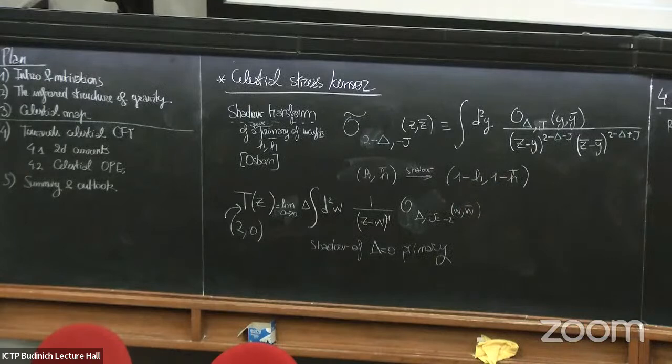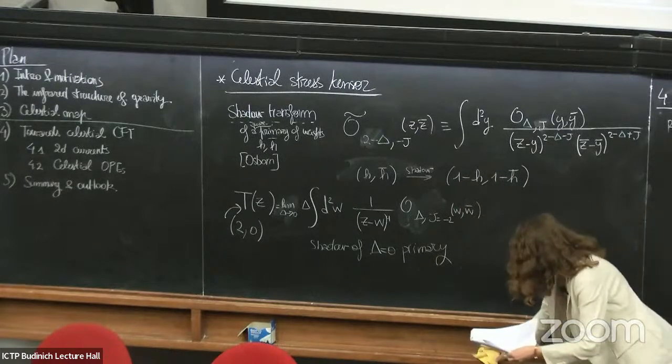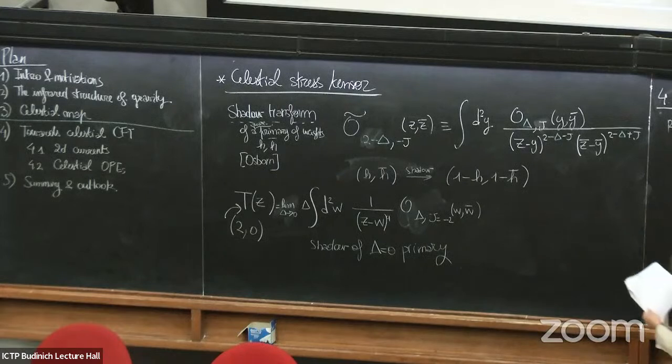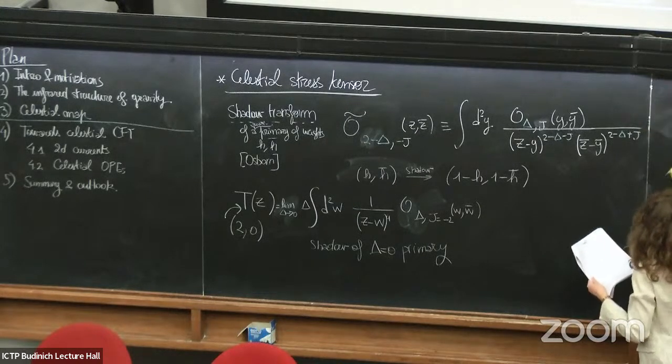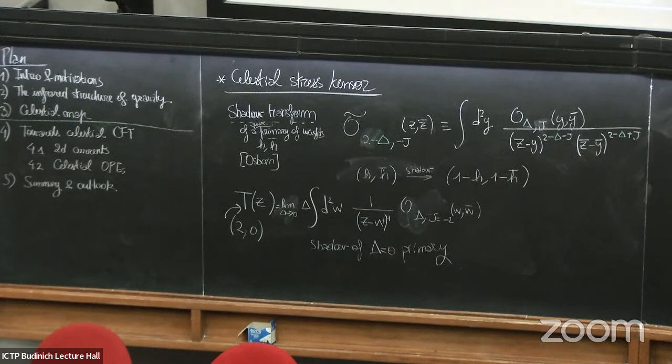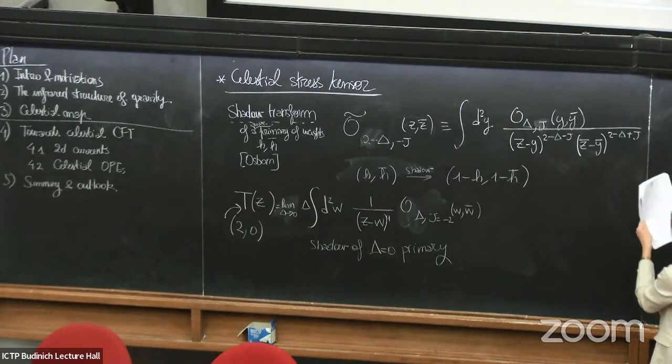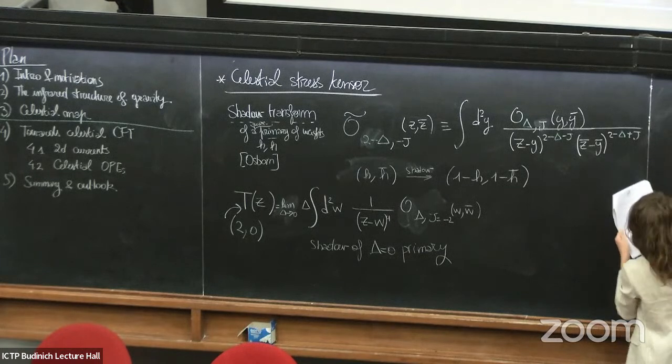So it was built on all that. And here I'm just giving it to you, so you might think, well, where does it come from? How could I have guessed it? Well, just looking at the dimension, you can guess, but this shadow transform is kind of tricky, and it took some time to understand why it has to be like so.